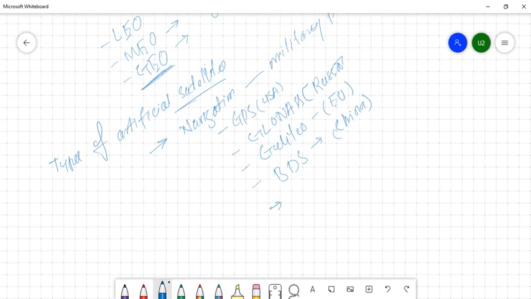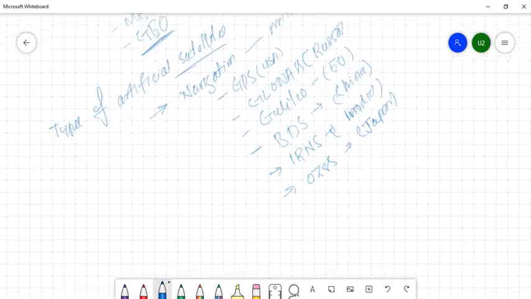Similarly, we have IRNSS, developed by India, and another one that is QZSS by Japan. These were the examples of navigational satellites.